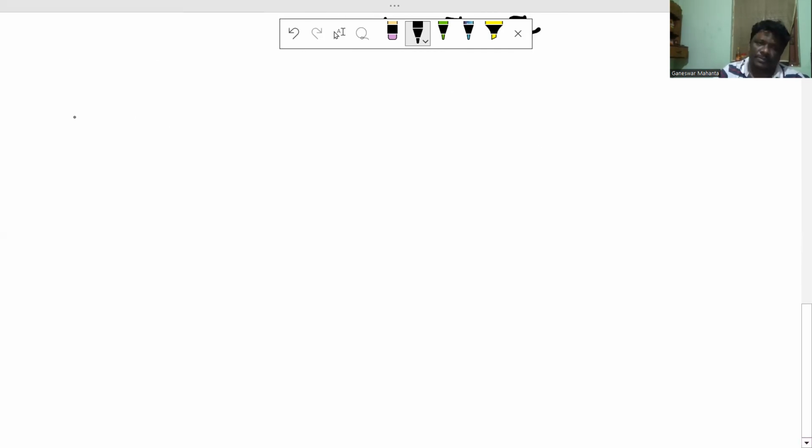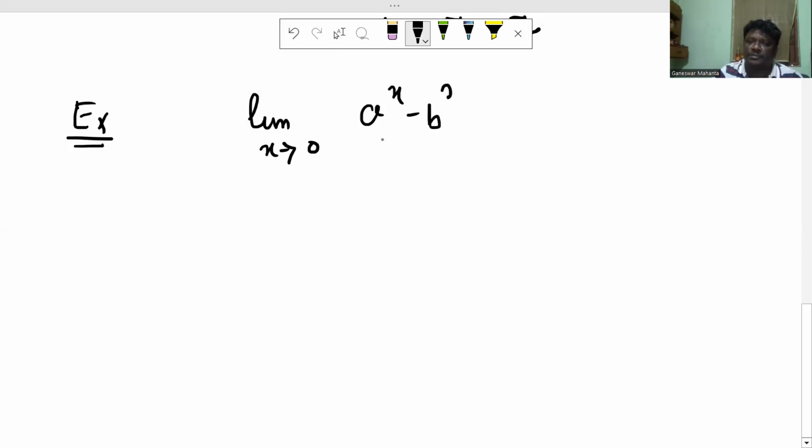Again, another example. Limit x tends to 0, a to the power x minus b to the power x divided by x.